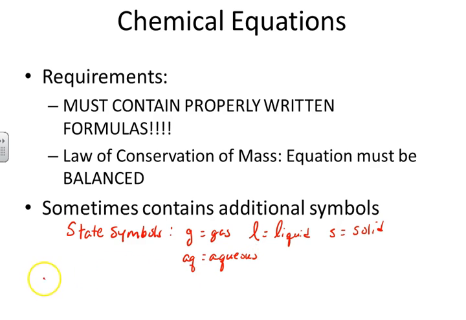Some other symbols include this symbol, which equals heat, amp is electric current, and catalyst or enzyme represents just that, something that's going to speed up a chemical reaction. There are others as well, but those are just a few common ones.